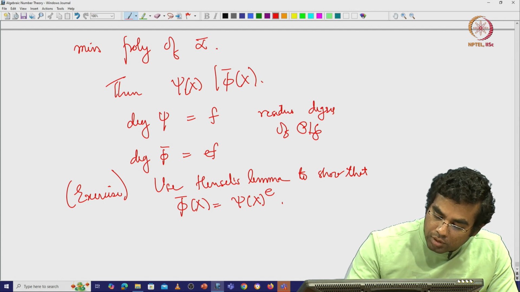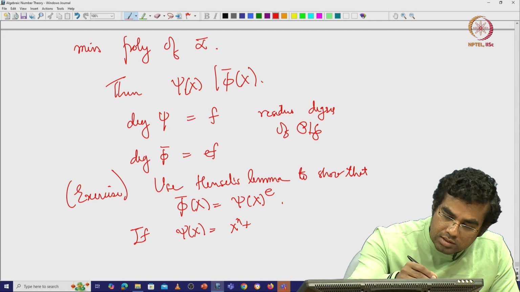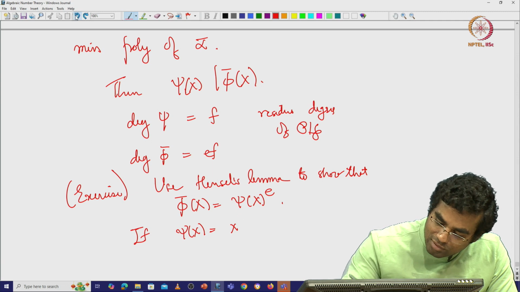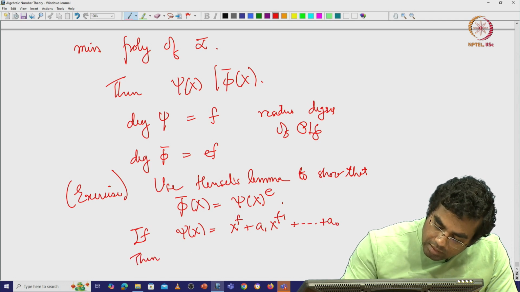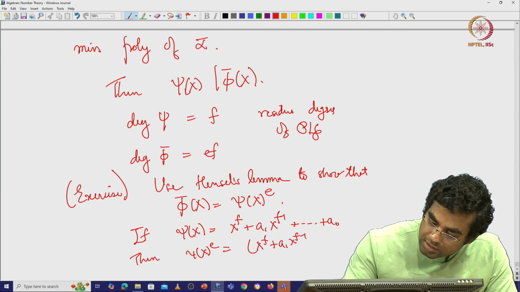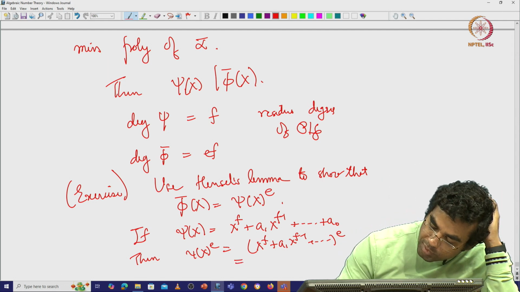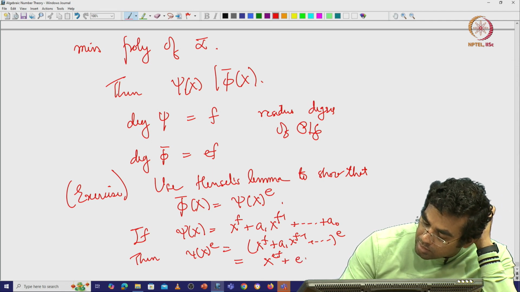So now if psi of x is x to the f, since it has degree f, plus a1 x to the f minus 1 and so on up to a0, then psi of x to the e is x to the f plus a1 x to the f minus 1 and so on, to the power e, which of course becomes x to the ef plus e times something, right?